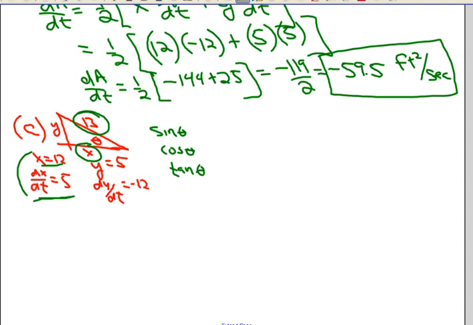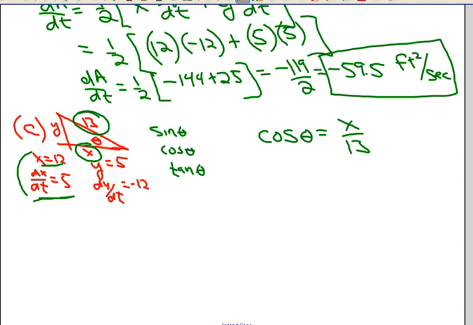So I've got those two sides. I would lean towards using cosine, understanding that any of the three would work. But sometimes a choice like this will make a little bit of the work easier. So let's go with the cosine. I know the cosine, SOHCAHTOA. The cosine of an angle is adjacent over hypotenuse. I don't sub in for x because, again, that changes throughout the problem. I can sub in the 13 because that does not change.